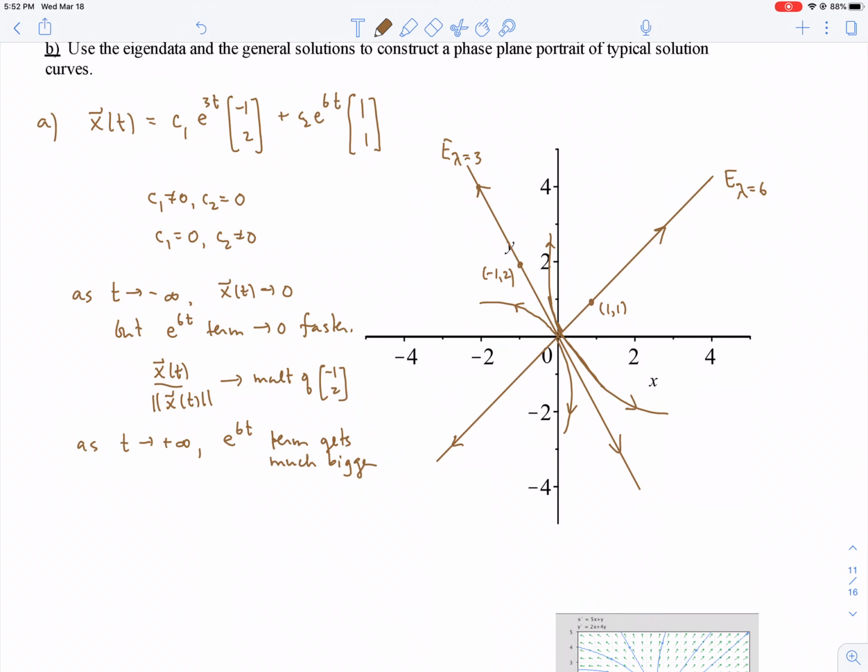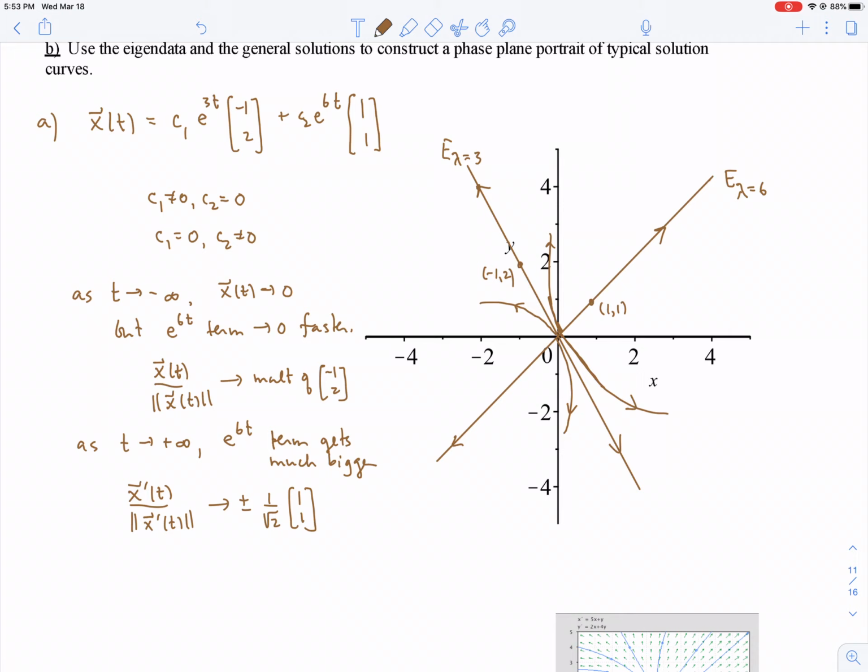And so, in fact, if I took the unit tangent vector, x prime of t over the magnitude of x prime of t, it would be converging to plus or minus, depending on the C2, the unit vector 1 over root 2 times (1, 1). The unit vector in the direction of the lambda equals 6 eigenspace.